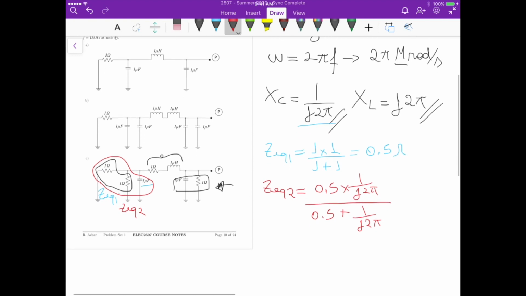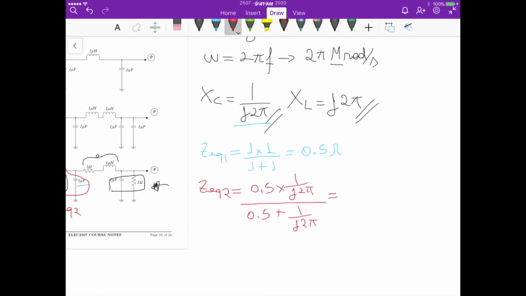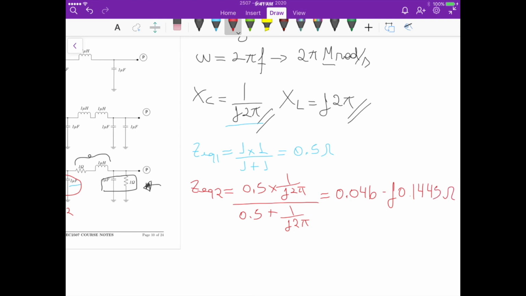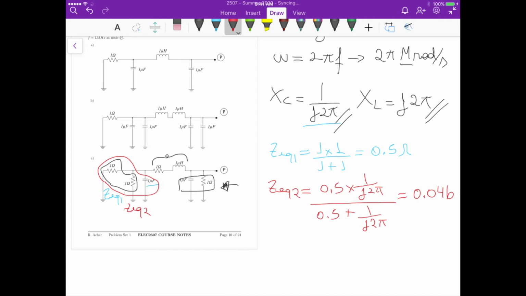And this is the same as 0.046 minus j 0.1445 ohms, right?